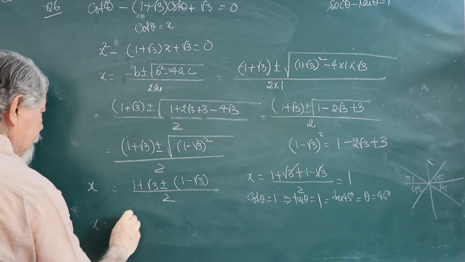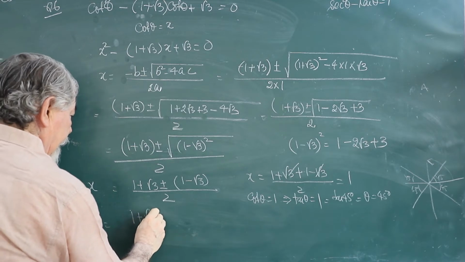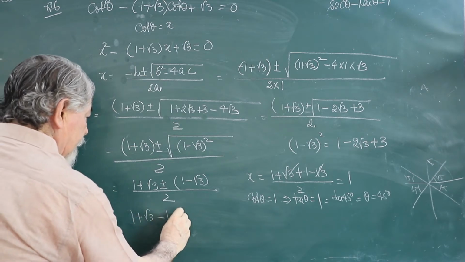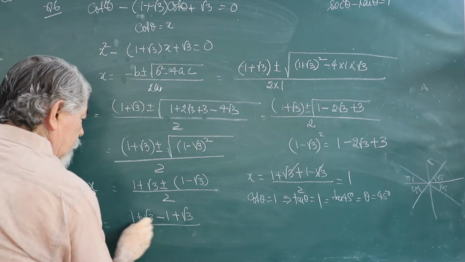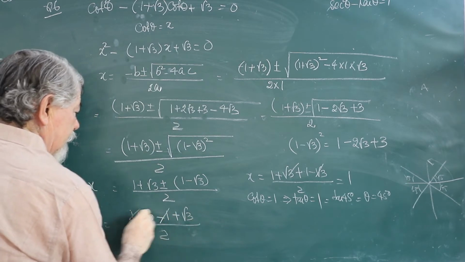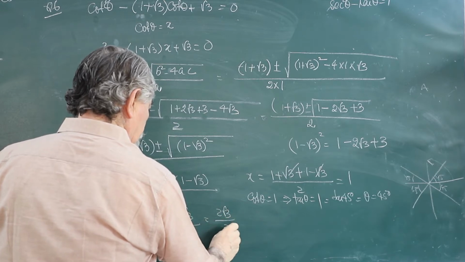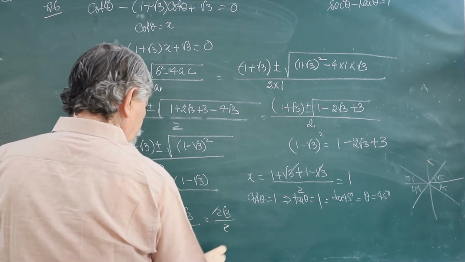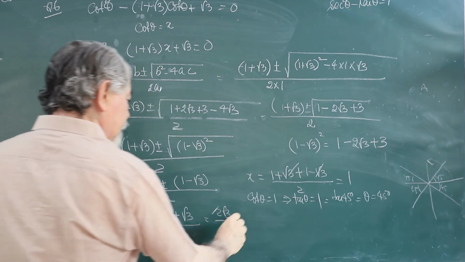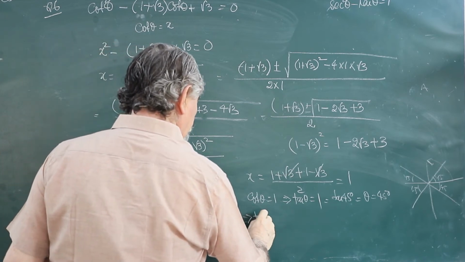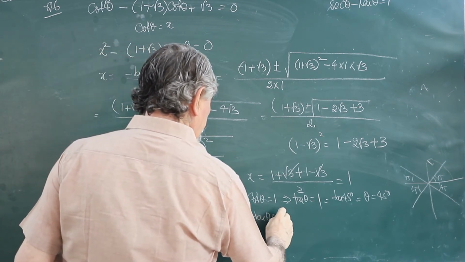Now in the second case I will take the negative sign. If I take the negative sign, it will become like this upon 2. This will cancel, it will become 2 root 3 upon 2. So cot theta is root 3, that means tan theta will be how much? 1 upon root 3.